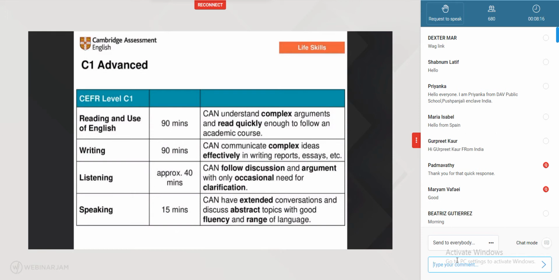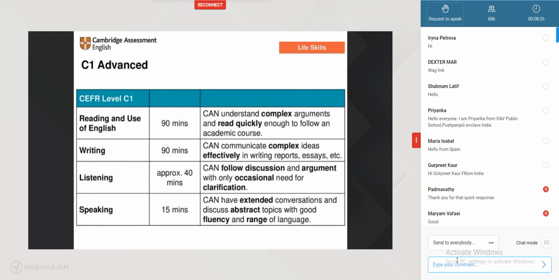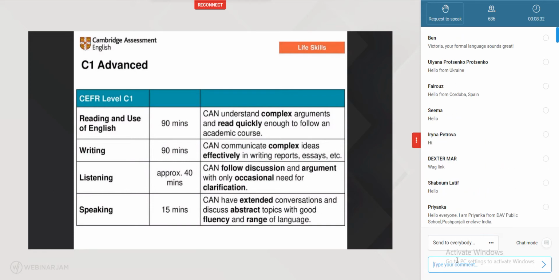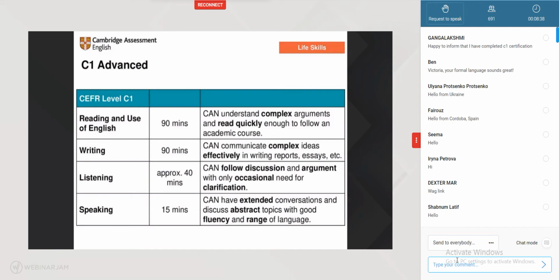Writing, again, an hour and a half, and students should be able to communicate complex ideas effectively in writing reports, essays, and other text types. Listening can follow discussion and argument with only an occasional need for clarification. And speaking in 15 minutes, they need to be able to show that they can have extended conversations and discuss abstract topics with good fluency and range of language.